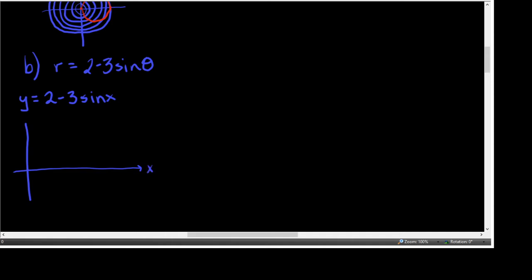So we're going to graph this in a rectangular grid as if that's what we were supposed to graph. And what doing this will do for us is it will inform us about an infinite number of possible points that we could plot. Instead of making a table of values, we're making a graph of values.